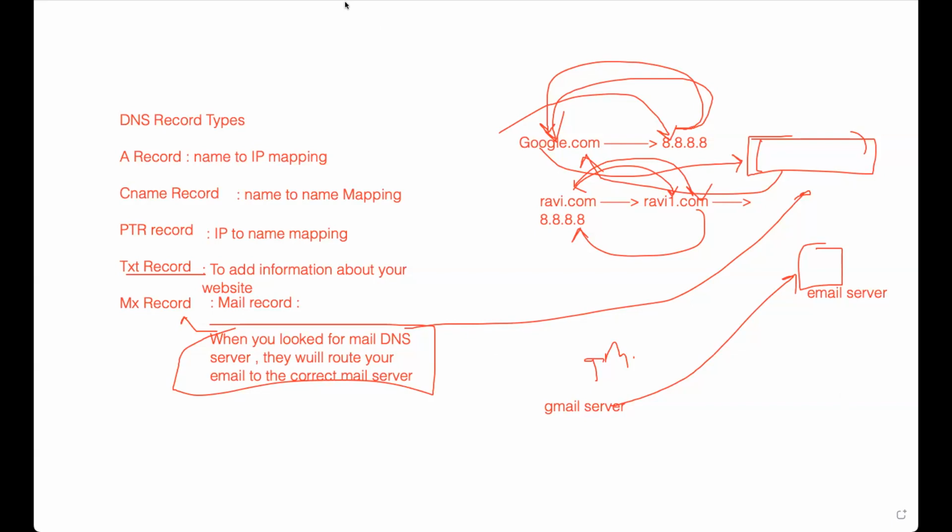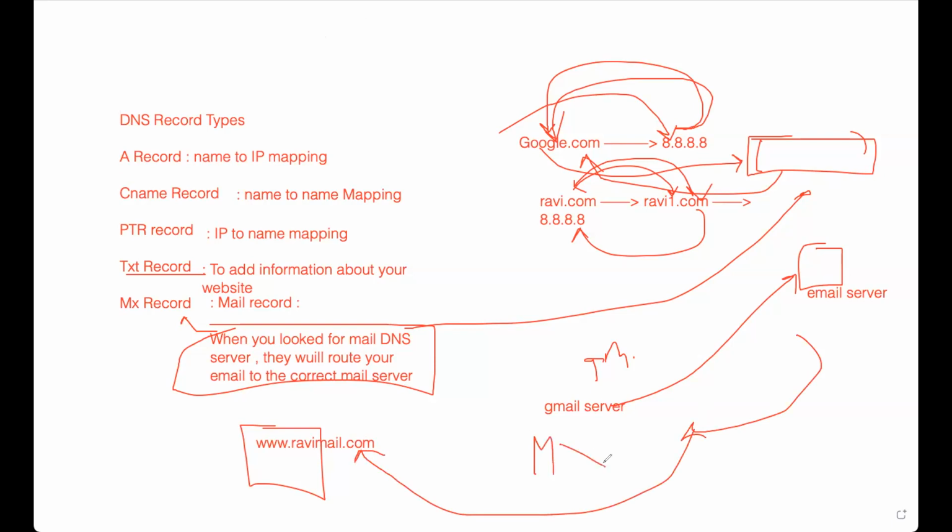Let's say, for example, you have ravimail.com. Someone is trying to send an email to this address. In their DNS, they will point that mail to this mail server with an MX record.